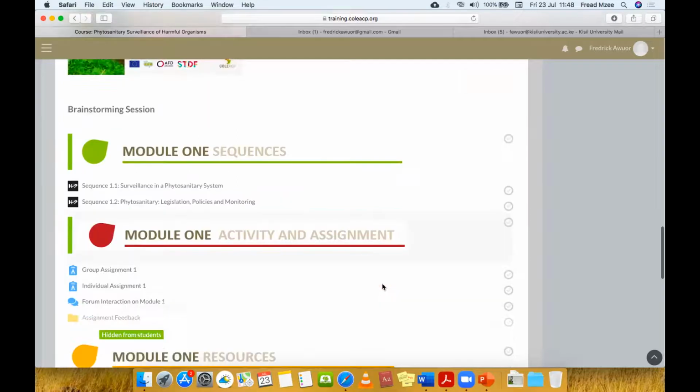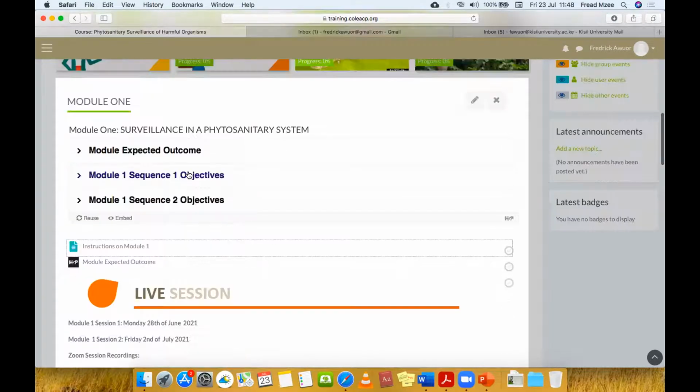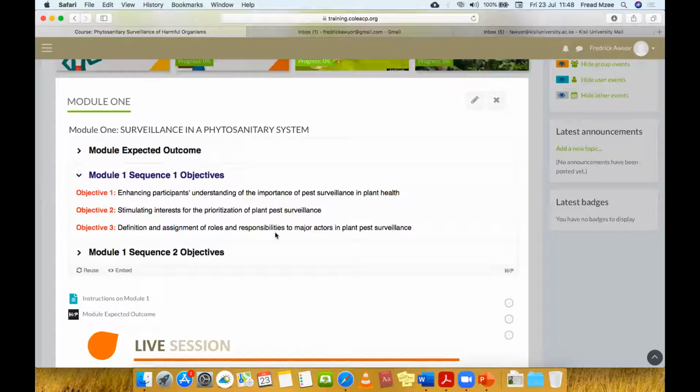The objective of this module was that you understand the importance of pest surveillance in plant health, how to prioritize pest surveillance, and be able to communicate that to key stakeholders, the public, and even the authorities, to explain and define it.